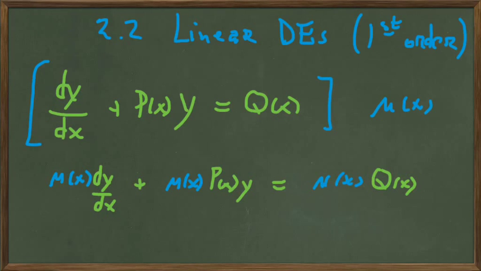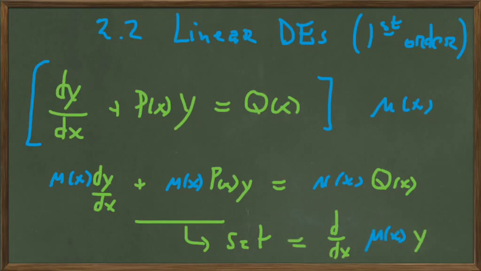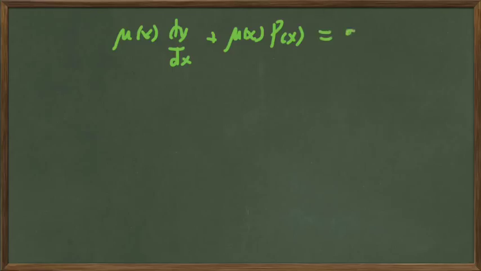And then what we're going to do is take that left-hand side and set it equal to the derivative of the expression mu of x times y. So let's take a look at that on the next blackboard. So it's mu(x) dy/dx plus mu(x) p(x) y is set equal to d/dx of mu(x) y.